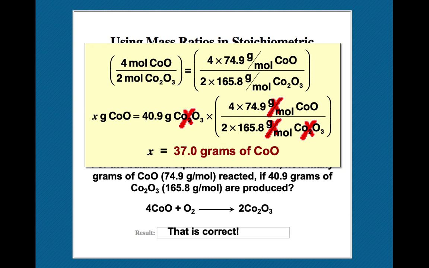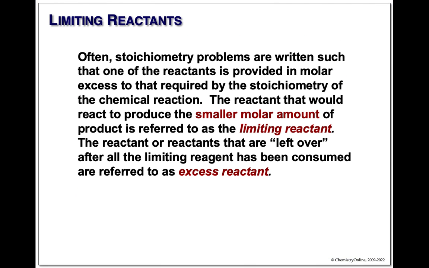Well, this brings us to another topic called limiting reactants. I said that typically we would take aluminum and bromine, put in excess bromine and so on. You could do it another way. What if we took 2 moles of aluminum, 3 moles of bromine, we would get 2 moles of aluminum bromide.